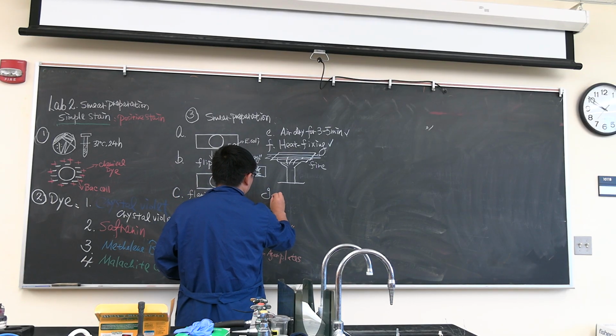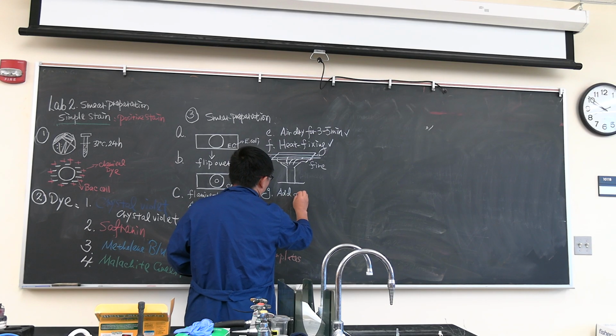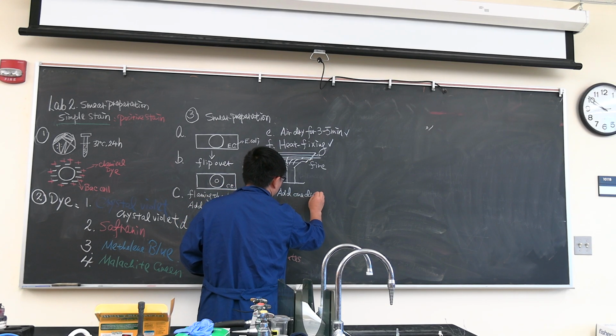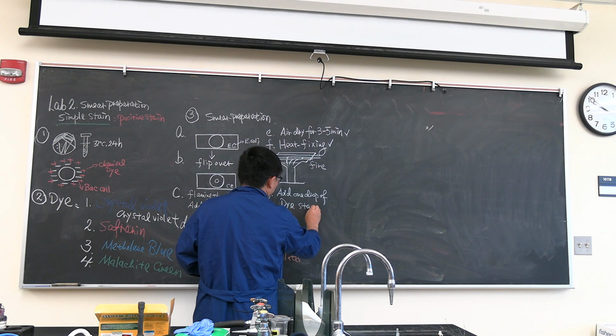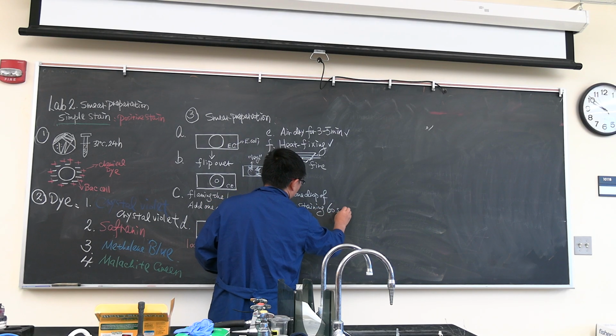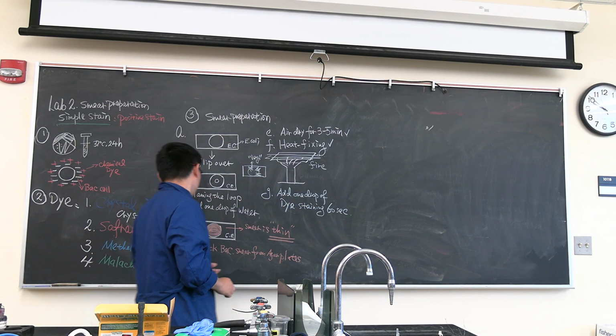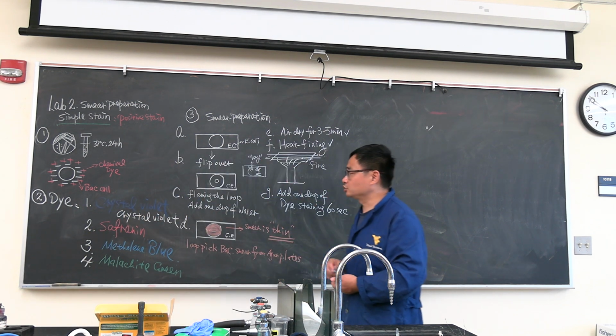The next one, we're going to add 1 drop of dye and stain for 60 seconds. So any of the dyes from here you can pick. Some of you can do crystal violet.